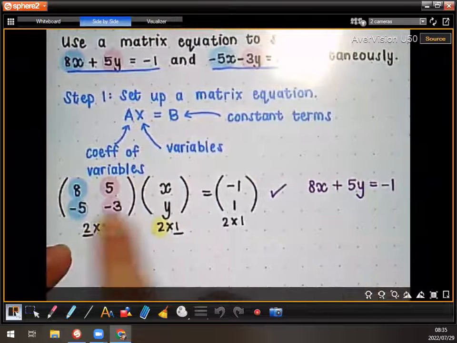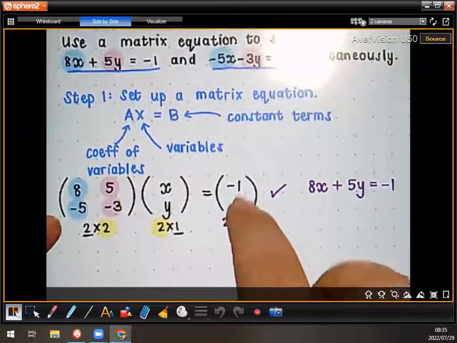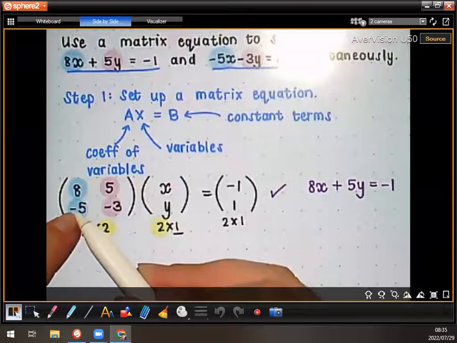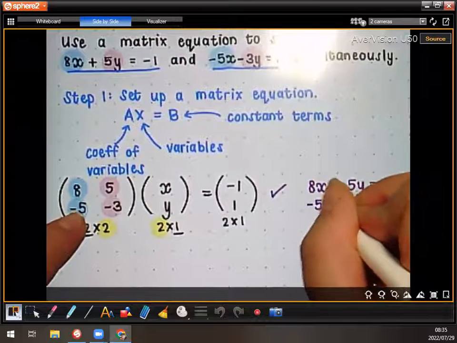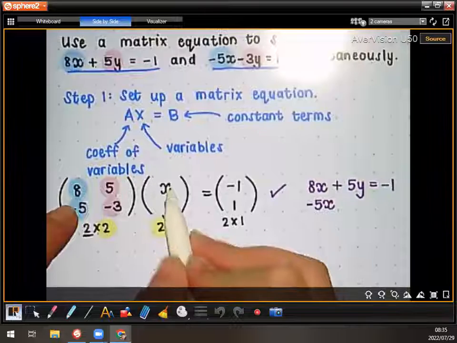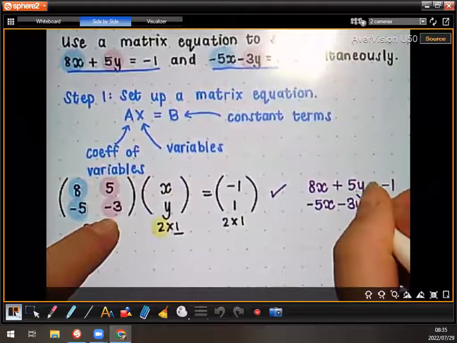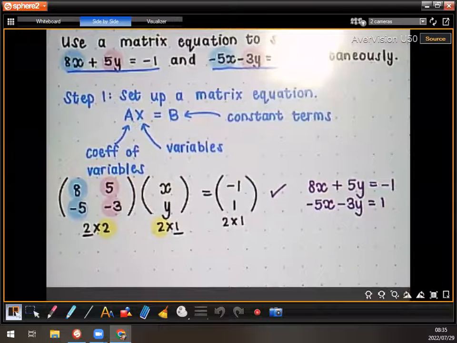If you do the second row, first column, that is supposed to give you the value in the second row of the answer. So let's see if that works. Negative 5 times x is negative 5x. Then you're supposed to add negative 3 times y, so minus 3y, and that should then equal 1, which was our second equation.